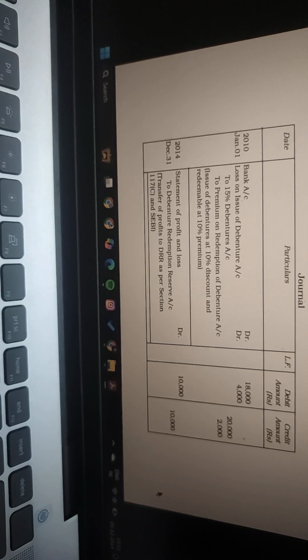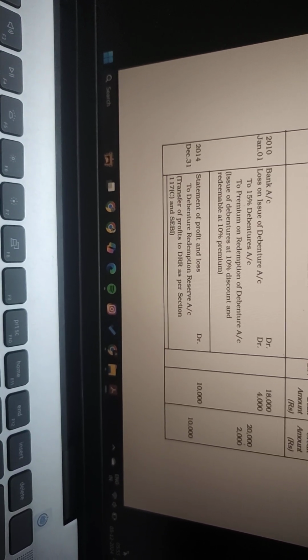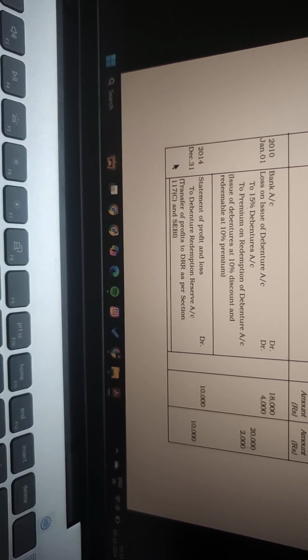Then at the end of this year, that is 2010, the date is December 31. The financial year begins on January 1, so the ending date will be 31st December.